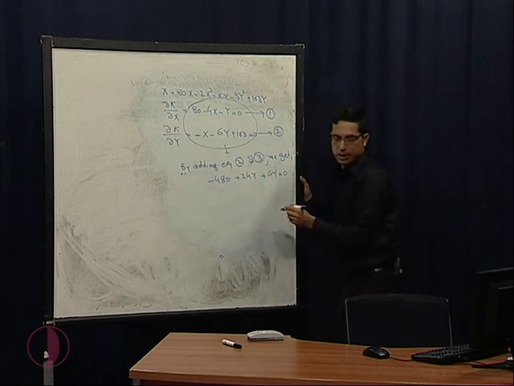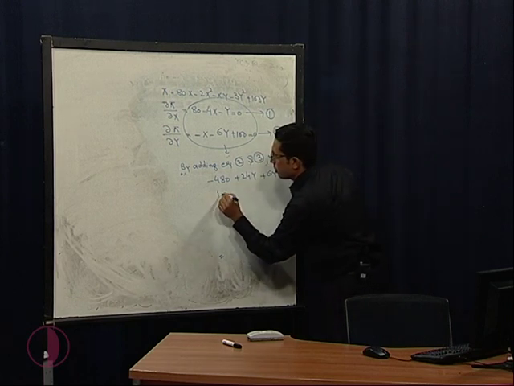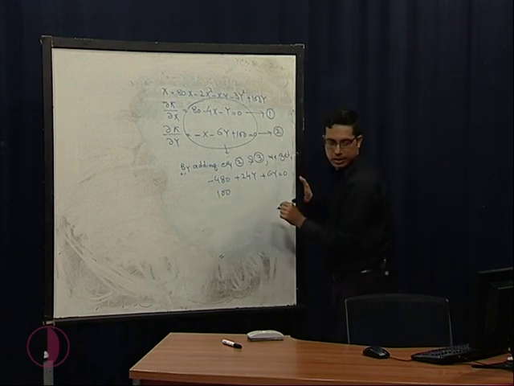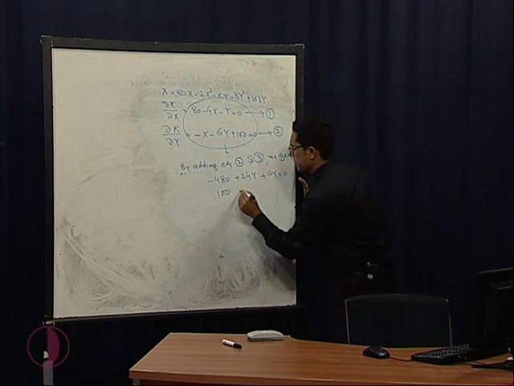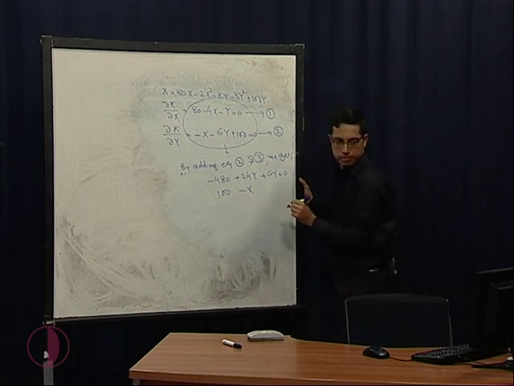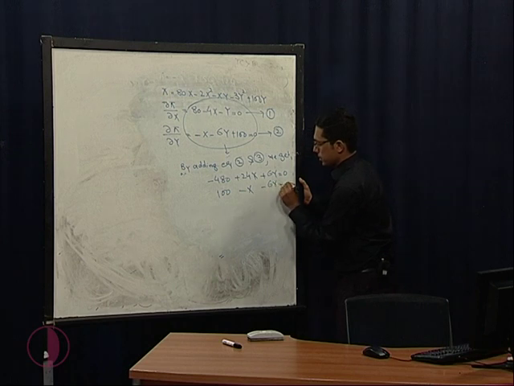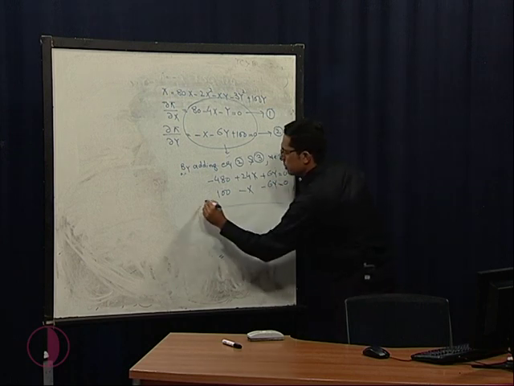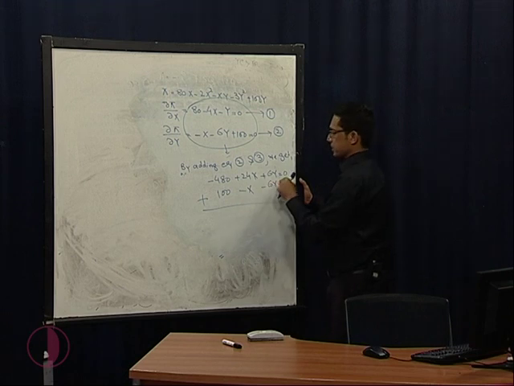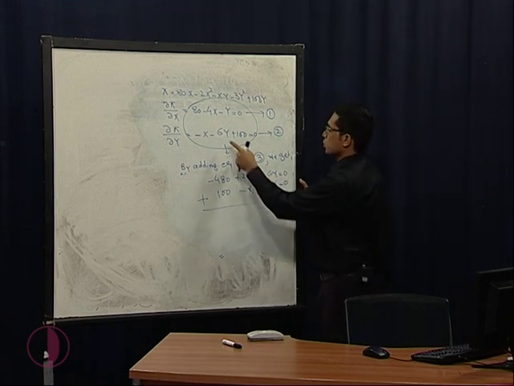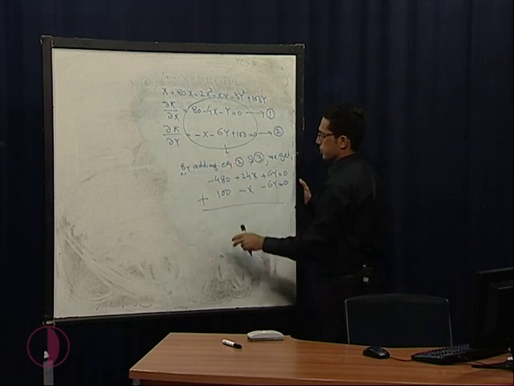So we can write 100 minus x minus 6y is equal to 0. We are adding both the expressions. This is equation 3, this is equation 2. We are adding both the equations.